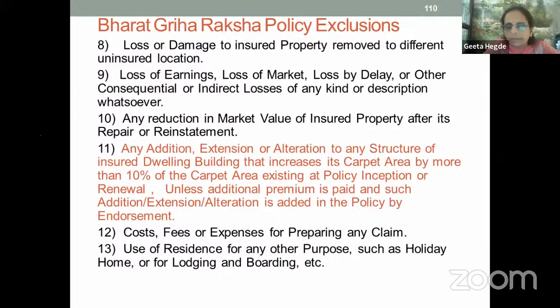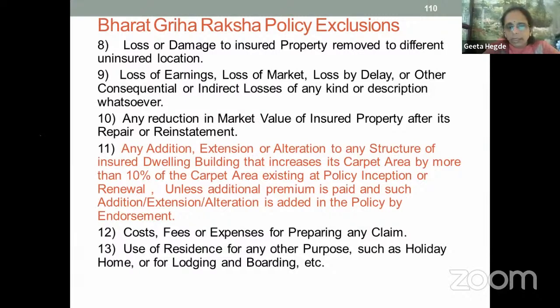That has to be after the inception of the policy. So after inception, if the carpet area increases, it could be because some FSI has been increased, then the carpet area is more by 10%, and that will be considered up to 10%.